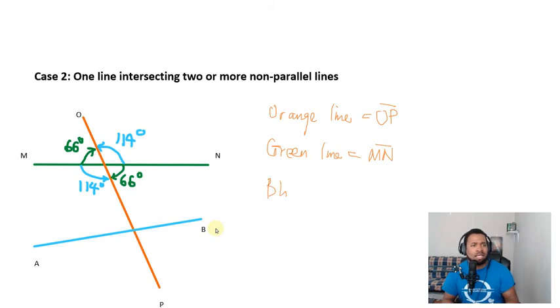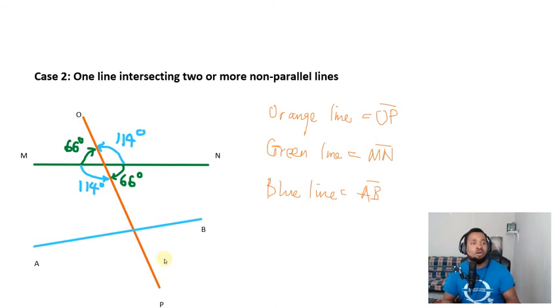So the blue line is labeled, in this case, AB, and based on these labeled lines we want to talk about what is defined as a transversal line. In this case, the transversal line is the line that intersects one or more lines. So in this case, MN and AB don't intersect directly as you see in this particular diagram, but one line touches one or more lines, and the line with the most number of touches is considered to be OP.